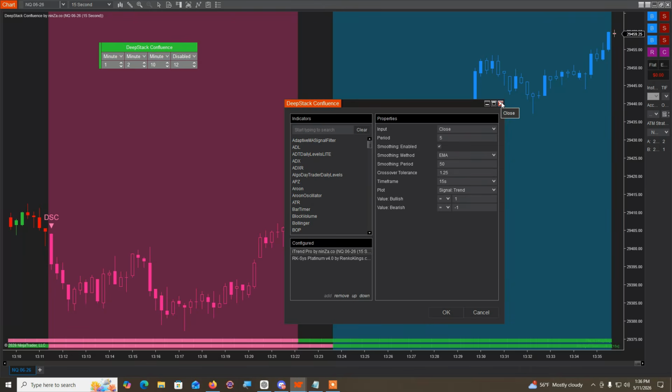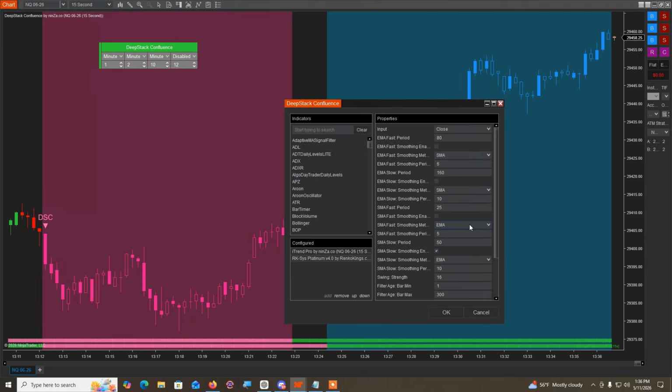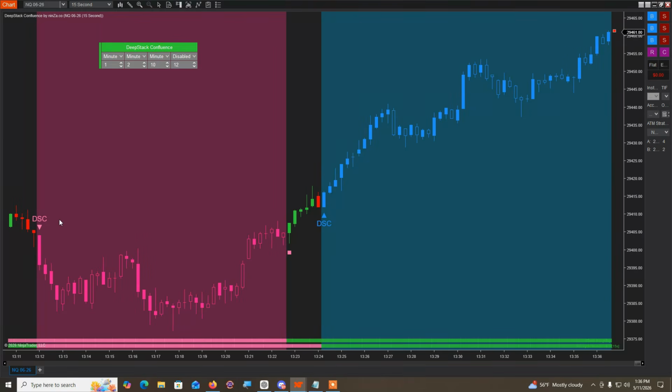Now, I did not do anything fancy. I used out-of-the-box settings for both of these indicators, but obviously you can change things. You can change different settings to see what works best. And then, when everything agrees, so whatever indicators you inputted agree on the market condition, meaning is it bullish or is it bearish?